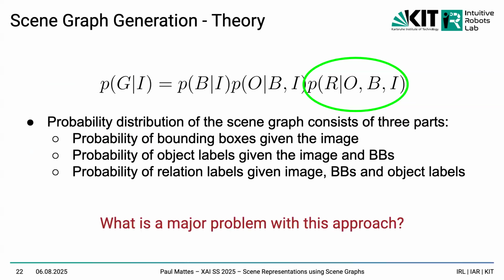What is the major problem with this approach? Can you see anything that could be bad? Any issues? Yes. For example, the probability of bounding boxes already depends on a prior model. So maybe our model doesn't detect all of the objects in the image correctly.